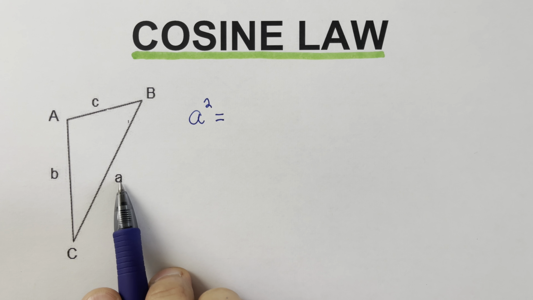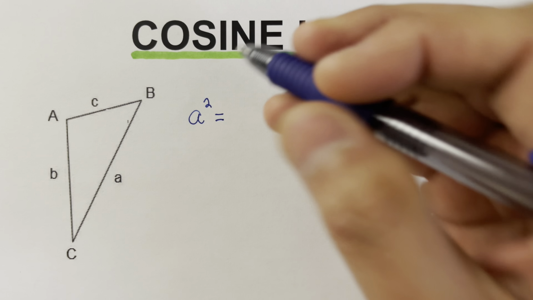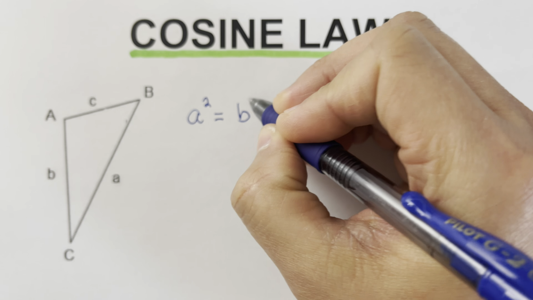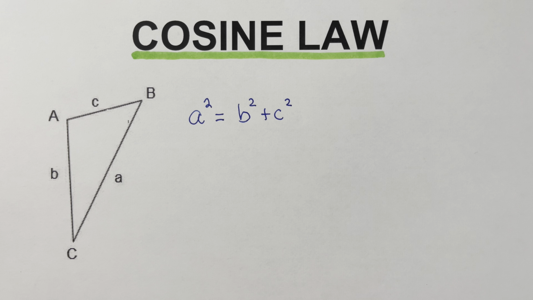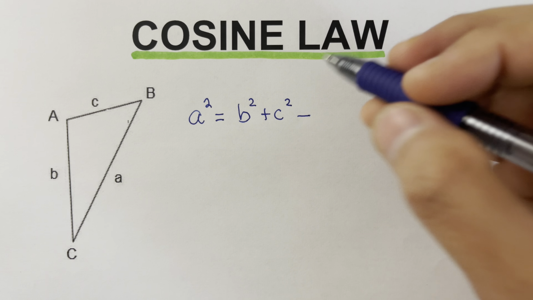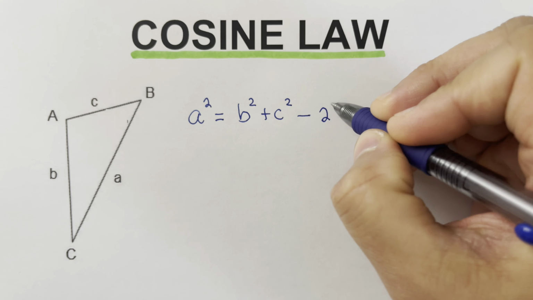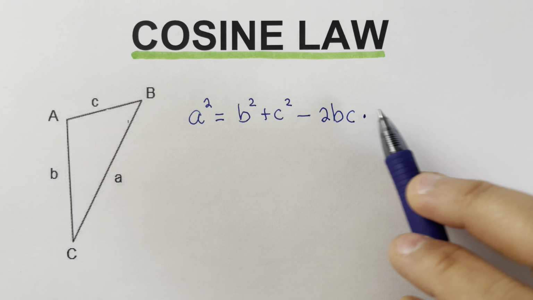So we add the squares of the remaining sides, that would be b squared plus c squared. The cosine law further states that we're supposed to minus twice the product of these two sides. So that would be 2bc times cosine of the angle between them.